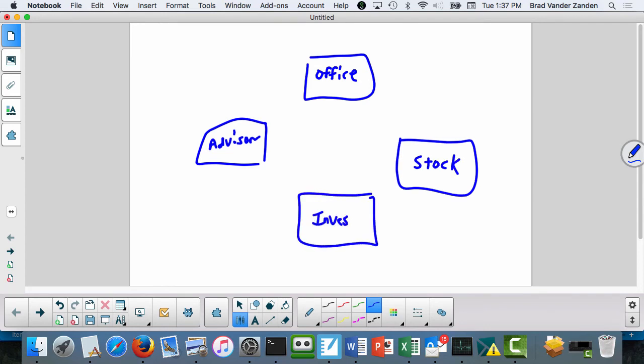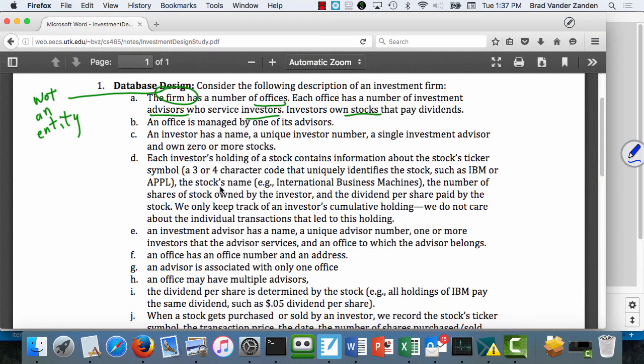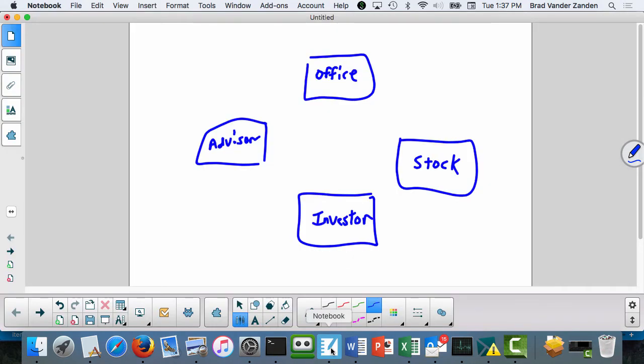So those are our four entities. And based on what we said, going back here, we know that an office is managed by one of its advisors. So in B, an office is managed by one of its advisors. So an advisor manages an office.